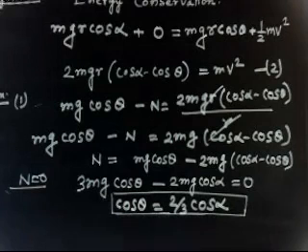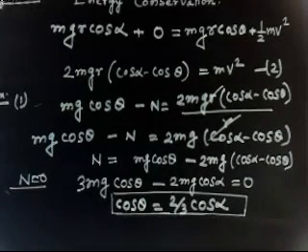You can verify yourself. We will do some questions in that way also, so that you have verification. So in the tangential direction I am not writing the equation of motion, I am using energy conservation, which gives the same second equation.